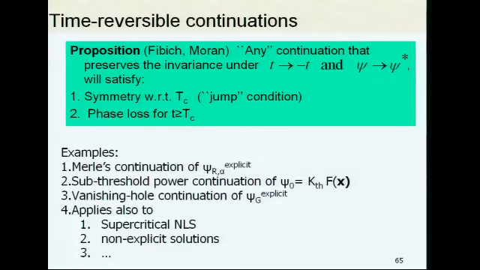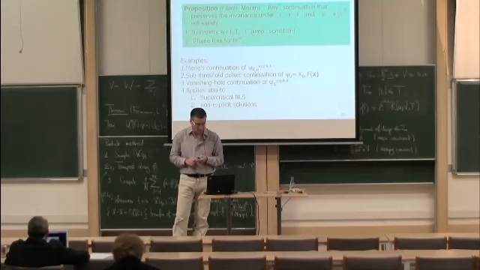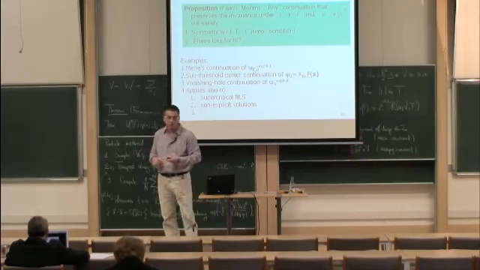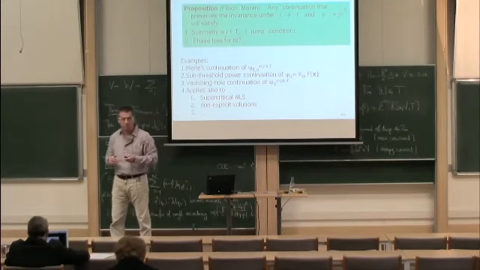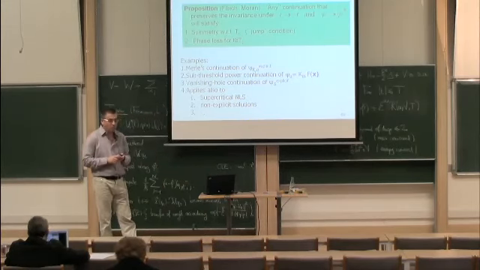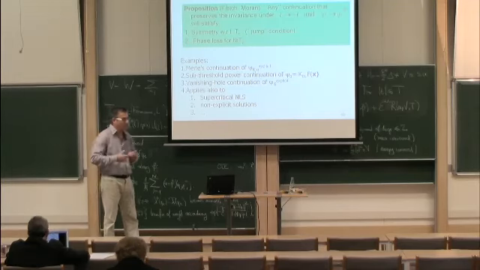So this holds for Merle's continuation, it's time reversal. For the sub-threshold continuation that we've done, which is the generalization of Merle's approach, it also holds, and for the vanishing hole continuation. But it holds this time reversal also in many other cases.